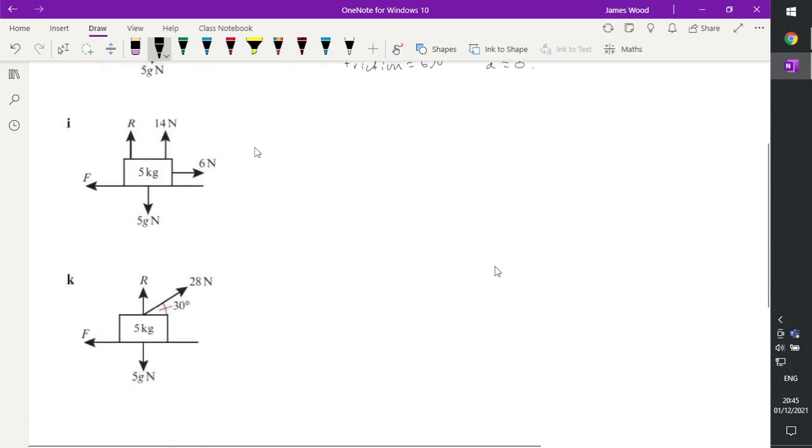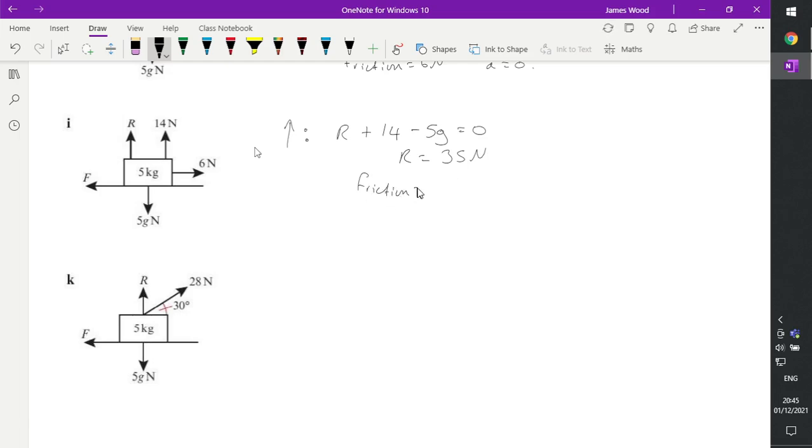Okay, the next one. Again, let's resolve vertically to find R, first of all. So I've got R plus 14 minus 5g equals 0, because the acceleration up and down is 0. Solve that to find R. So this time it's going to be 5 times 9.8 minus 14. So that's 35 newtons.